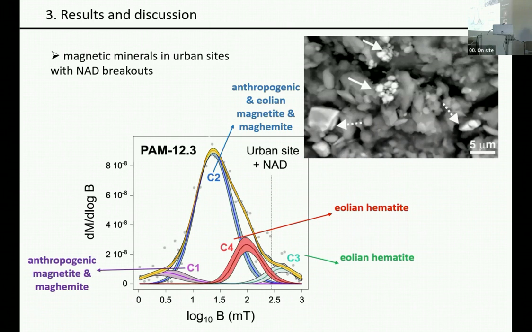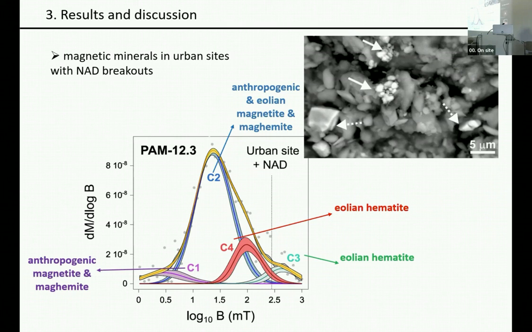And what is important to notice also is that in urban samples collected during a period of a significant North African dust outbreak, we see exactly the same four components that we saw in the earlier case, with anthropogenic magnetite and maghemite and aeolian hematite.